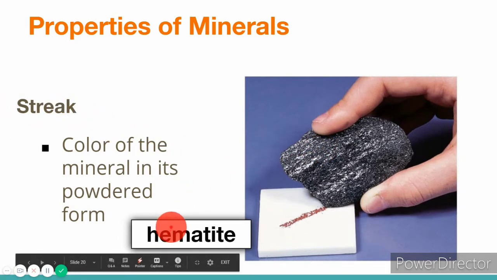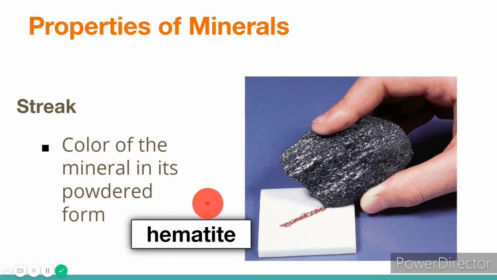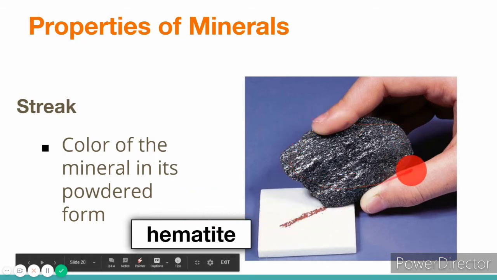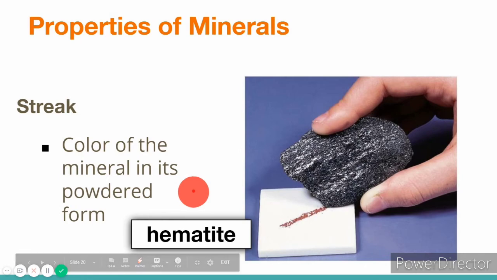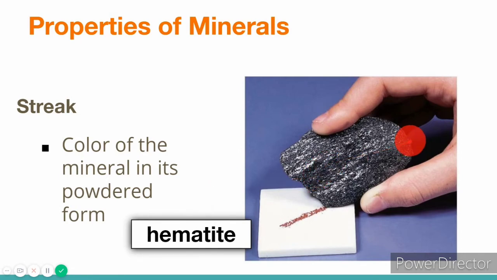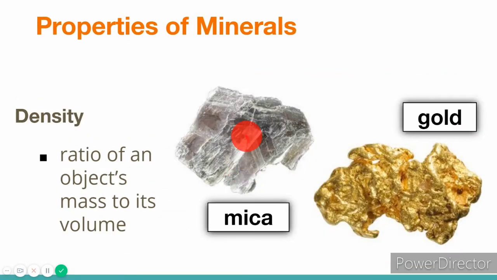Streak is very consistent, as it is the color of the mineral when it's in powdered form. Hematite may look grayish and black, but if you scratch it on a marble or any white surface, you will see that its streak is red. So oftentimes a mineral's streak will be consistent, unlike color, which has more variation.